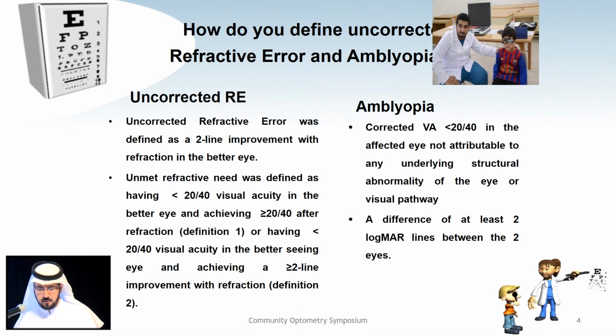And definition 2, having 20/40 visual acuity in the better eye and achieving at least 2-line better. And we define amblyopia as a corrected visual acuity of worse than 20/40 in the affected eye, not attributable to any underlying structural abnormality of the eye or of the visual pathway, with a difference of at least 2 logMAR lines between the 2 eyes.